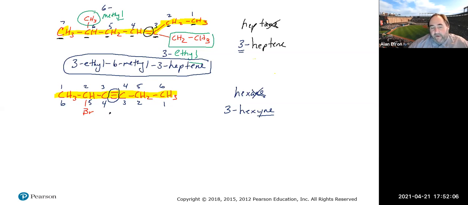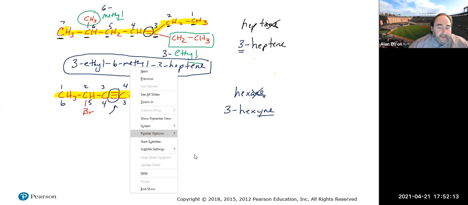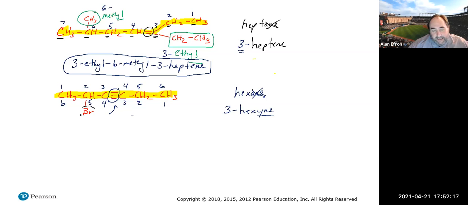Because the functional group here is tied, what would be the next important thing in terms of the name? The next important thing would be the group that's attached.